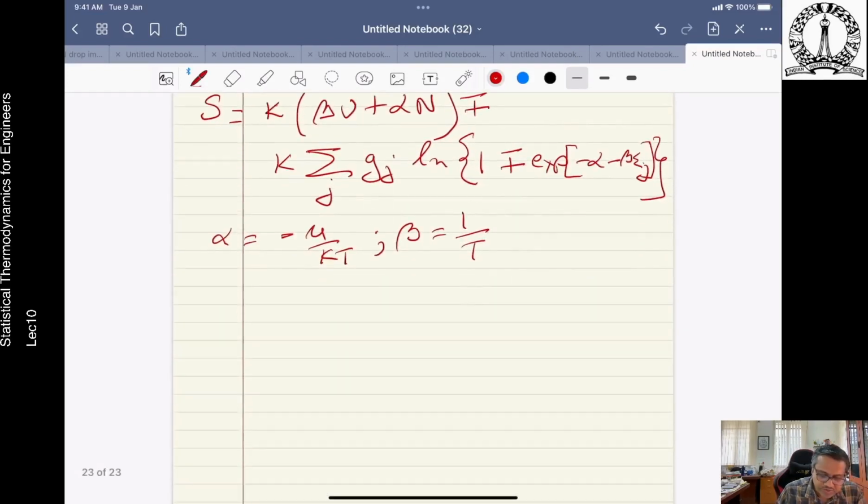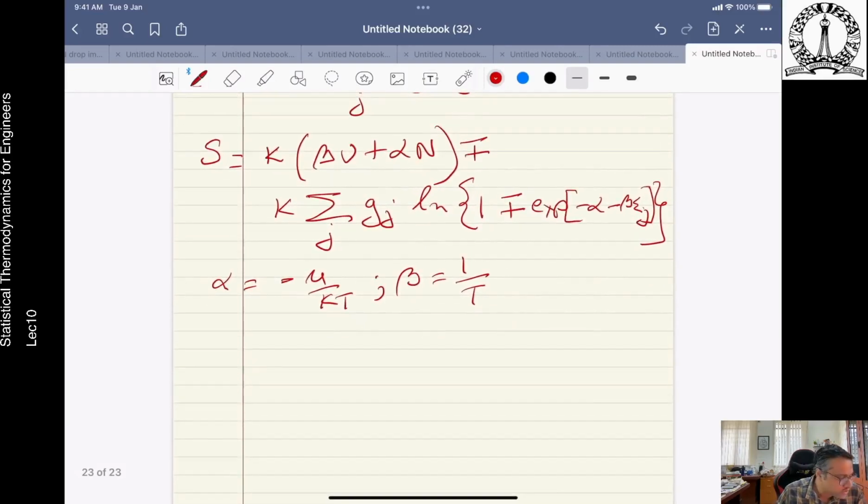This is already known. This is the total expression that we have.